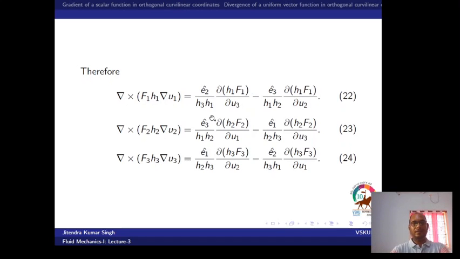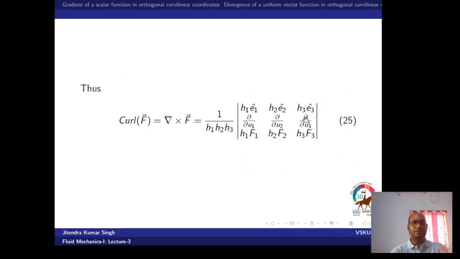What I have done here is multiplied by h2, so this is h2 e2, and here we divided by h2. In the same way, we multiply by h3 here and divide by h3 here. With all these terms we do this, and we take common 1 by h1 h2 h3.